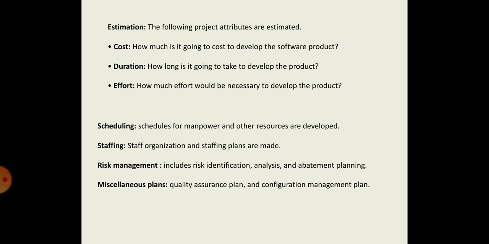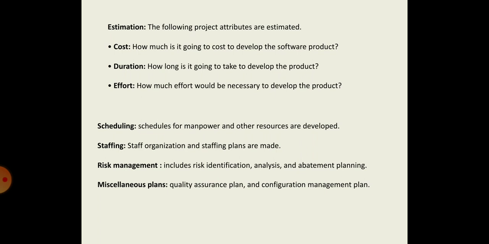The project planning consists of the following activities. First one, estimation. Estimation includes the estimation of particular attributes of the project. So what are the attributes to be estimated before starting the development process?